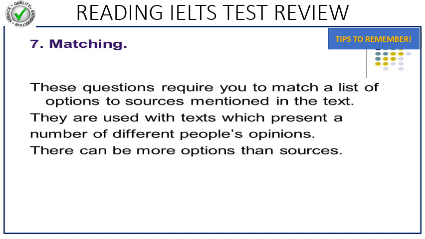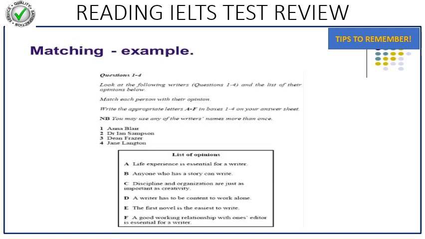Matching. These questions require you to match a list of options to sources mentioned in the text. They are used with texts which present a number of different people's opinions. There can be more options than sources. 28. Matching, example.